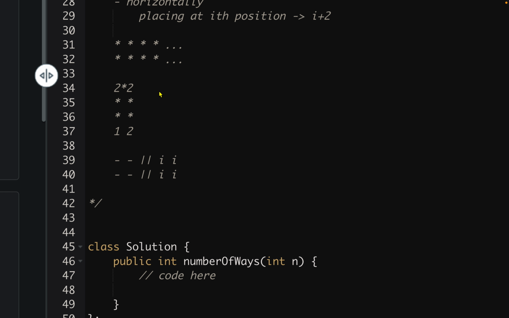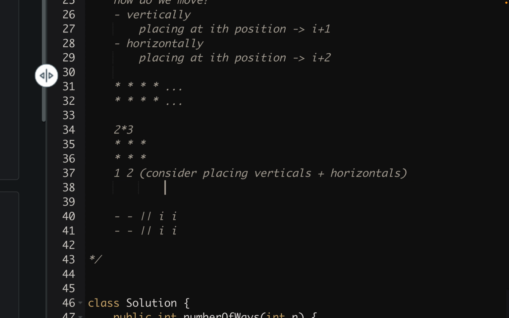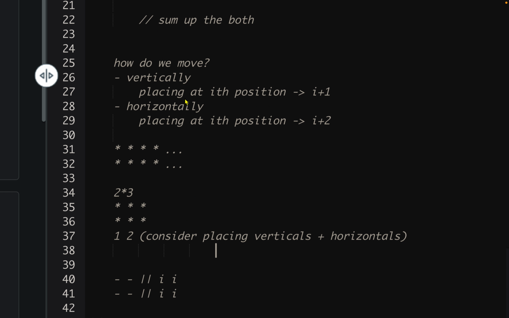And if you go ahead with 2 cross 3, then we have again yet another space. And here what we do is we consider placing verticals plus horizontals. So placing verticals and horizontals means taking one step back and 2 steps back.